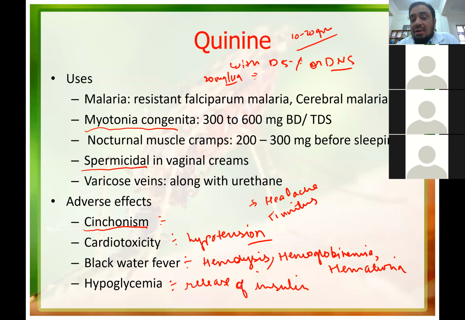So this 600 milligram of quinine can be dissolved in 500 ml of dextrose 5% and given over a period of 4 hours initially. Then the dose is reduced to 10 milligram per kg every 8 hourly till the patient can take oral drugs.